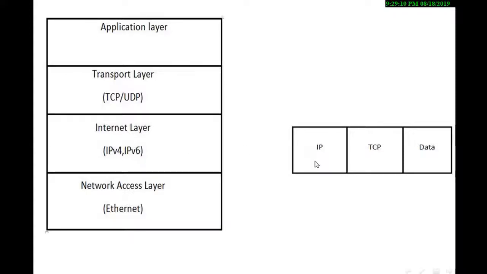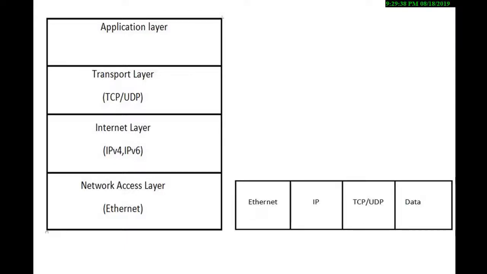In this layer, the IP protocol module looks at the whole TCP header and data as one whole packet, and then it will add the IP header on it, or it will encapsulate the whole packet by its header, and then it will deliver this whole packet to its next lower layer, which is the network access layer.